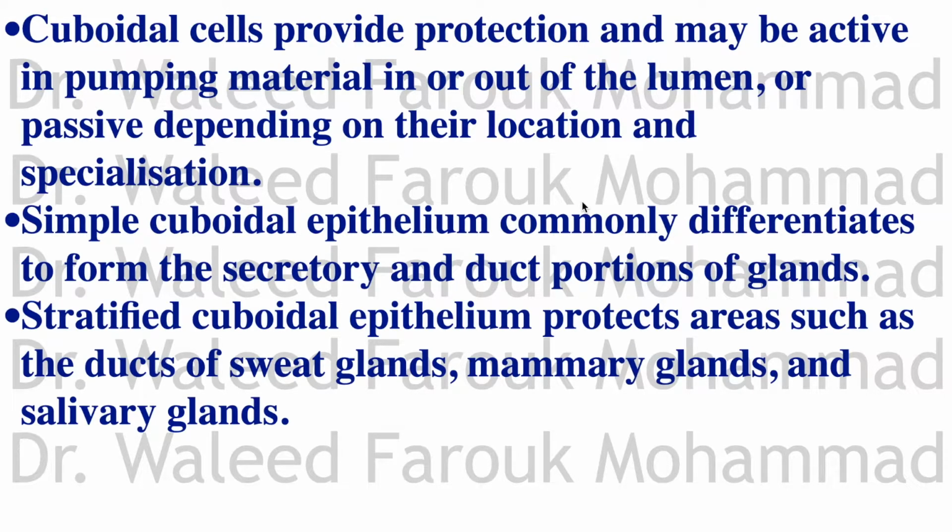The simple cuboidal epithelium commonly differentiates to form secretory and duct portions of glands, and the stratified cuboidal epithelium protects areas because it's stratified, so it withstands abrasions, in such locations as the ducts of the sweat glands, the mammary glands, and the salivary glands.